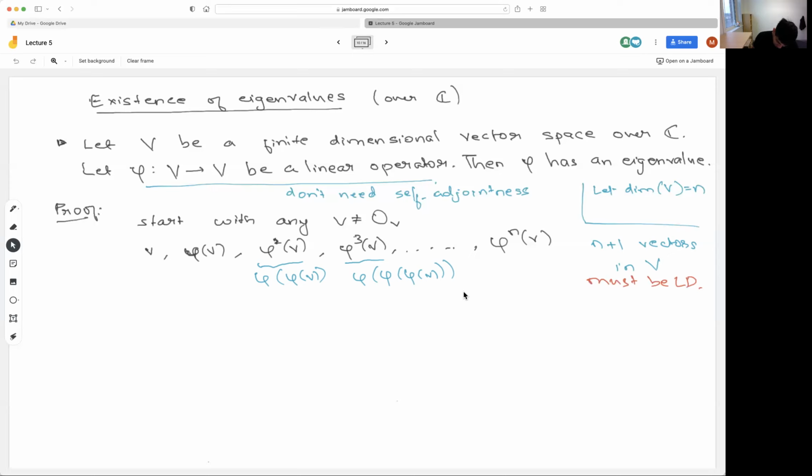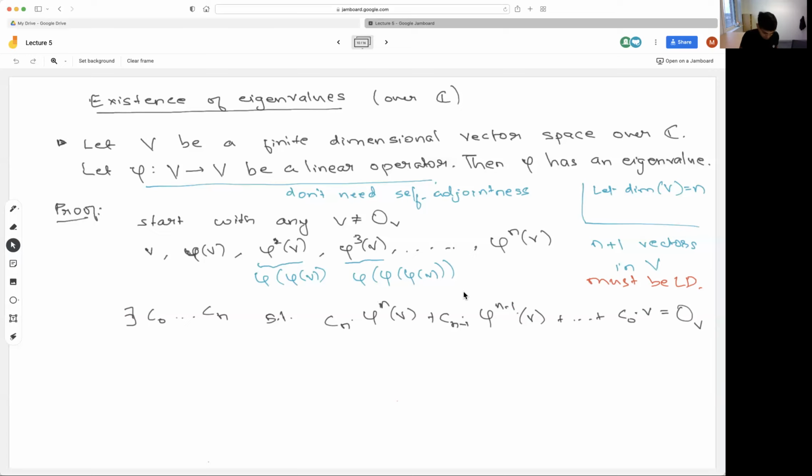So because they are linearly dependent, there exist coefficients C0 to Cn such that Cn times phi to the n of v plus Cn minus 1 times phi to the n minus 1 of v, all the way to C0 times v, is the 0 vector.